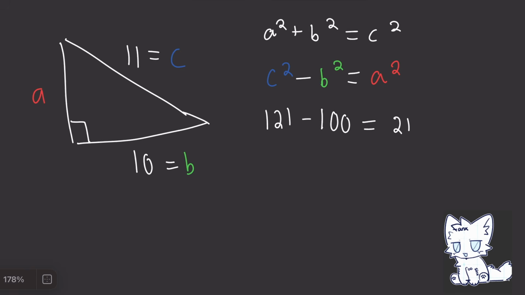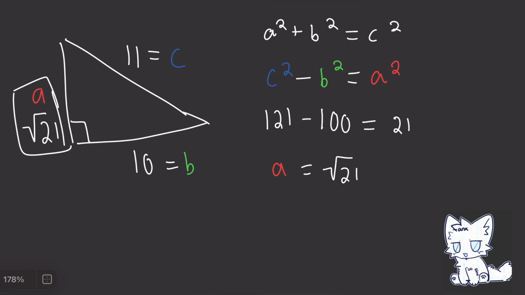And then now to find a, take the root of both sides. We get the square root of 21. That is our answer. And that concludes today's quick lesson on the Pythagorean theorem.